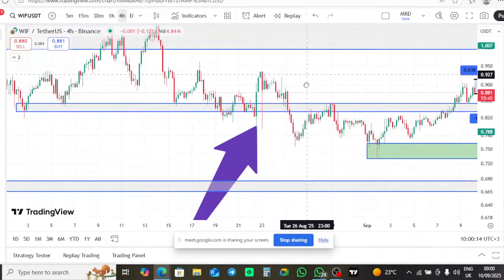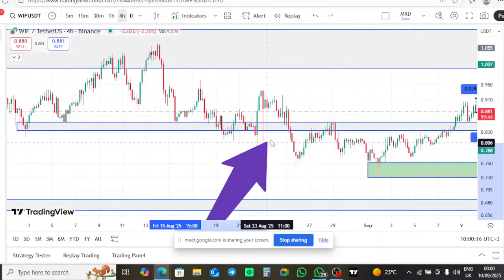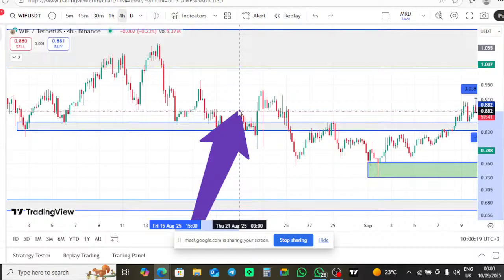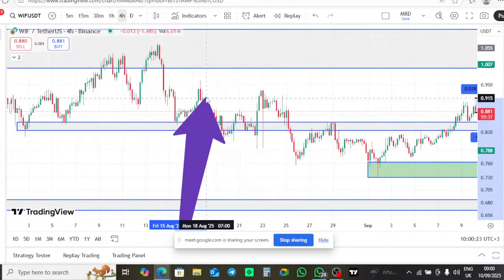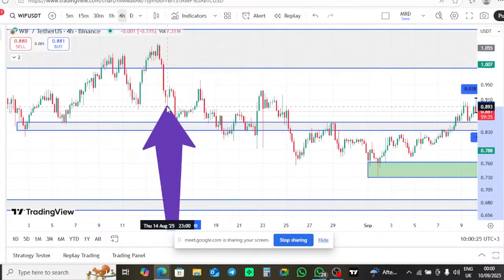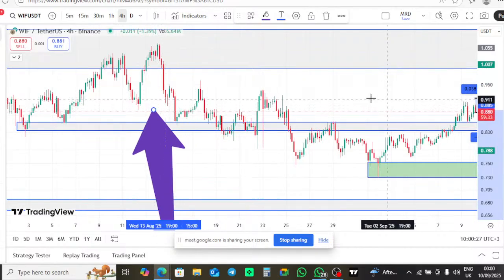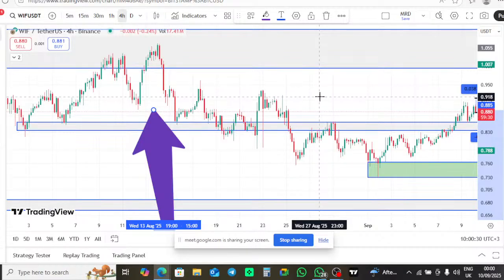Now look at this one. What was this for? What about these ones? What about this one? There are very many, and they are happening at points where it is not necessary. They are not supposed to be there. Those are just traps.